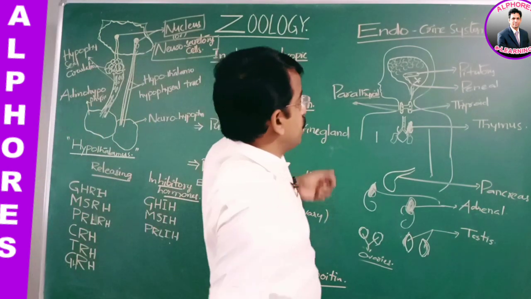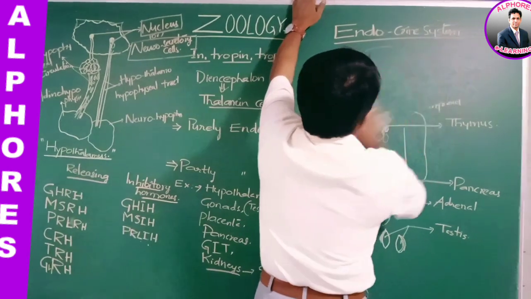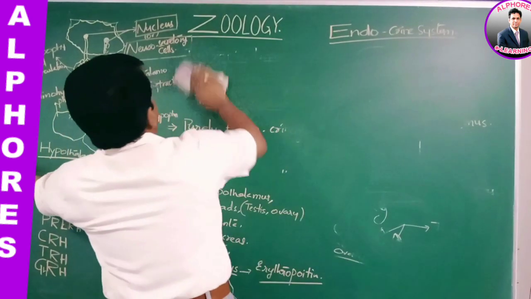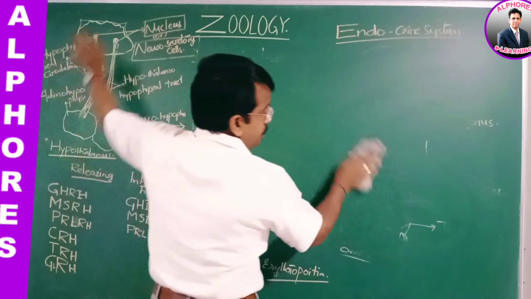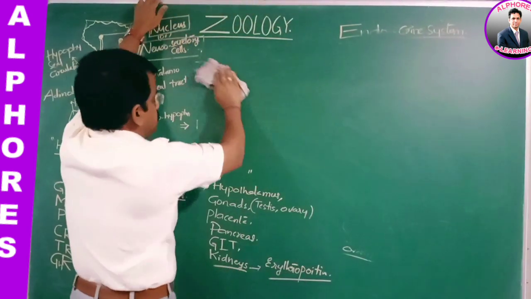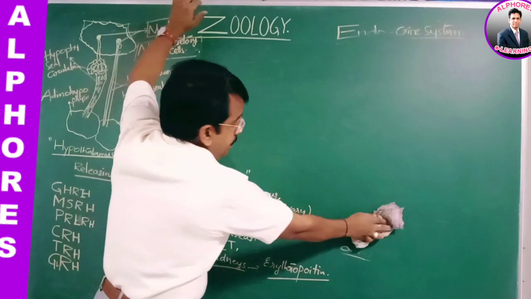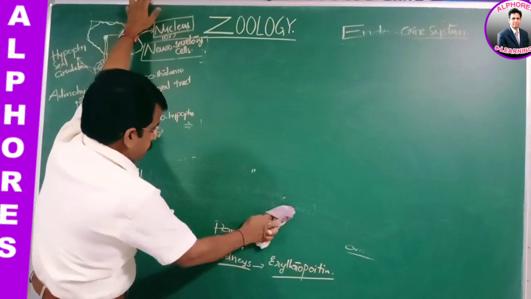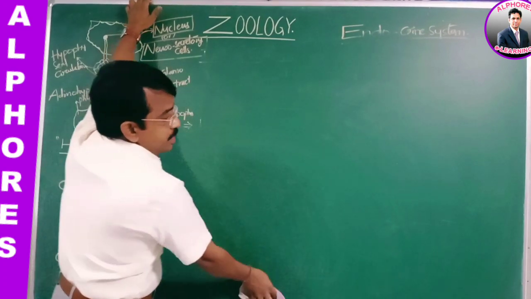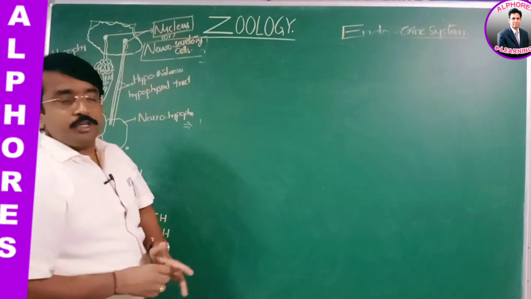I repeat, the hormones released from the hypothalamus are the releasing hormones and the inhibitory hormones.